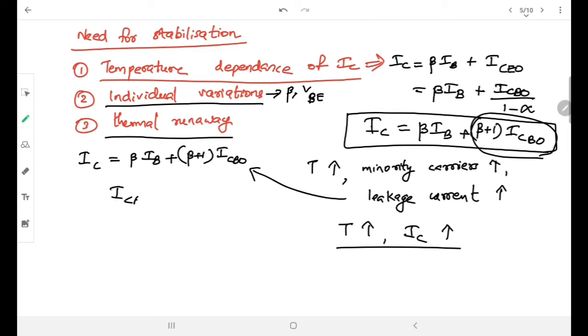So ICBO will produce heat within the transistor. When there is heat production in the transistor, it means that the transistor temperature is increasing.